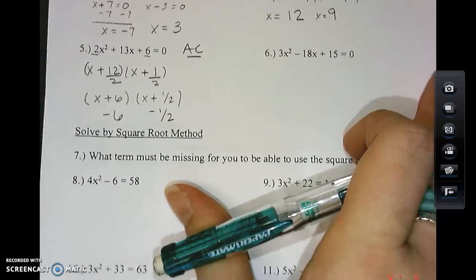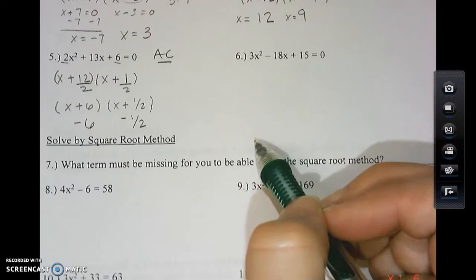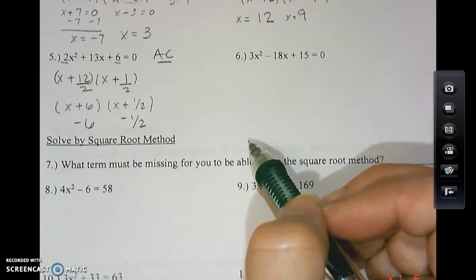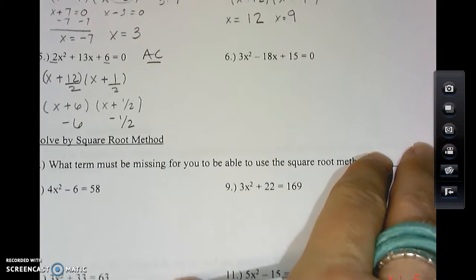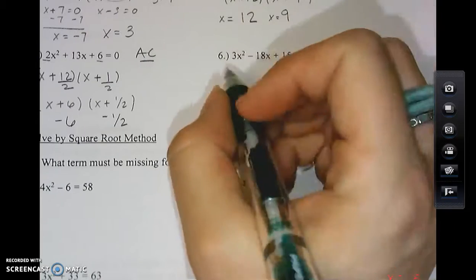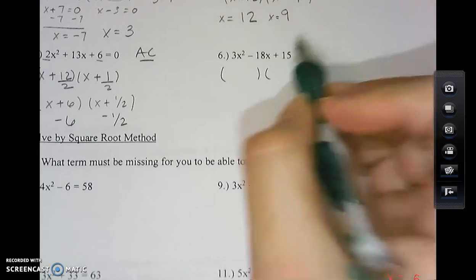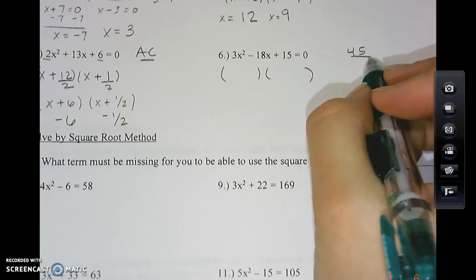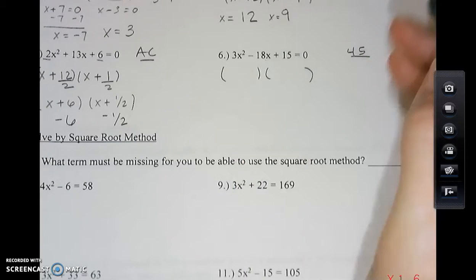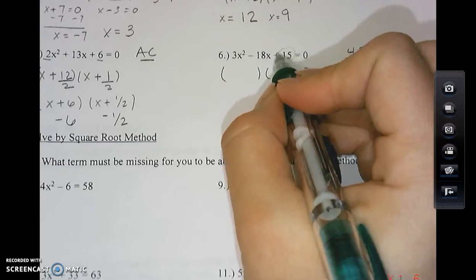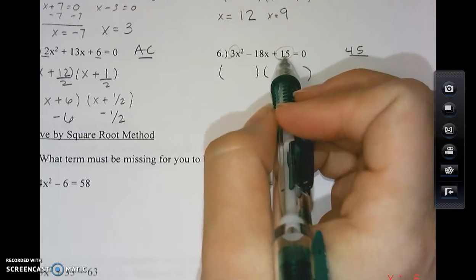Okay, so again, what I want you to do is pause the video, try number 6, do it on your own, and then play the video again and see if you did it correctly. Okay, so hopefully you did the problem. If I open up two sets of parentheses, I'm going to take 3 times 15, and that gives me 45. I'm looking for factors of 45 that add to give me 18. Well, the two numbers that I multiplied together to get 45 actually add to give me 18, so those are my factors, 15 and 3.